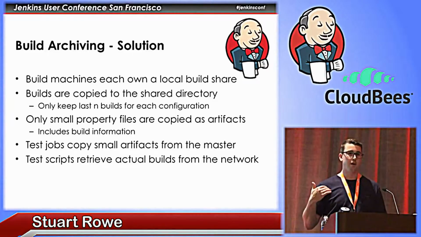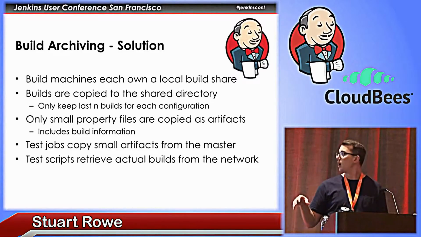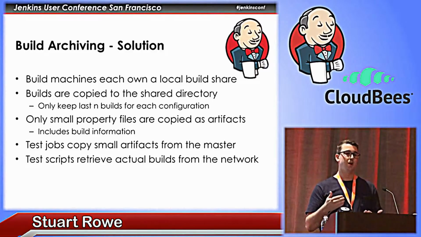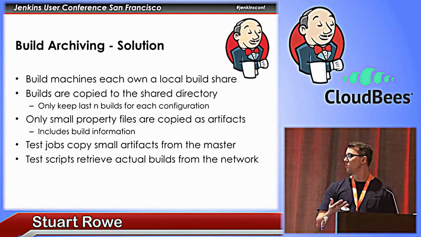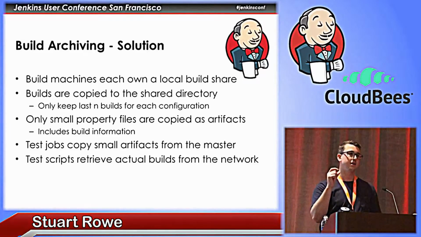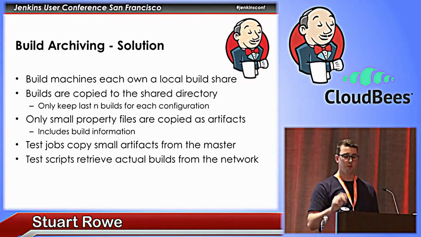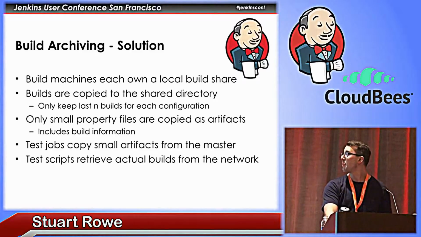As the build project completes, its final step is to copy that build from its working space to that network share, and then generate a property file that describes the parameters of the build as well as where it actually stored that build. And then the test jobs would come along and copy that artifact that contains the network share and parse that, and then know where to copy that build from, and we copy directly between our build machines, avoiding any large hit on the server.